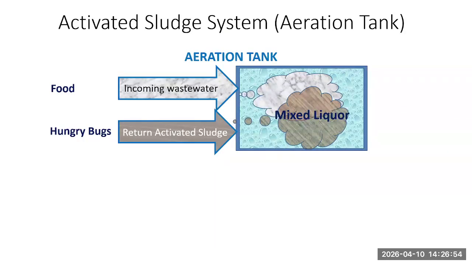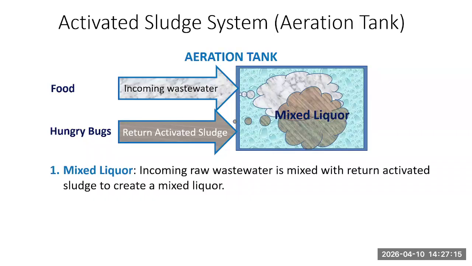In the aeration tank, we've got food in the incoming wastewater, and we've got these hungry bugs, which are found in that return activated sludge. So we bring them back to make sure that we've got the proper concentration of bugs to food by returning that waste back through the aeration.